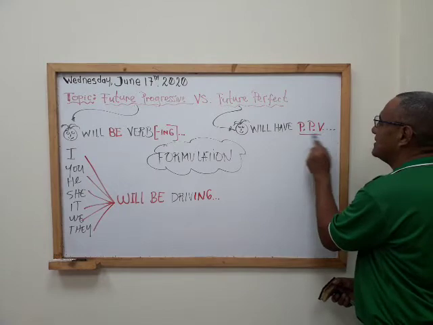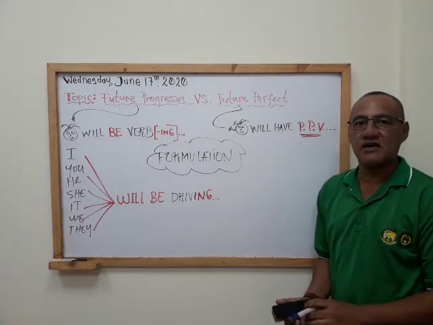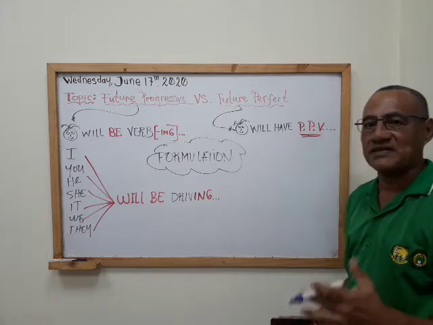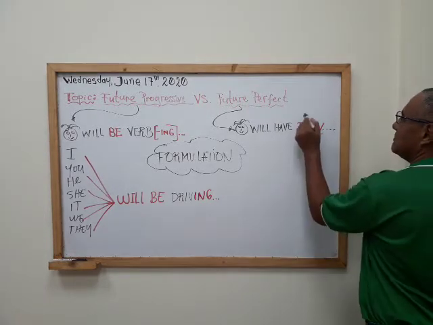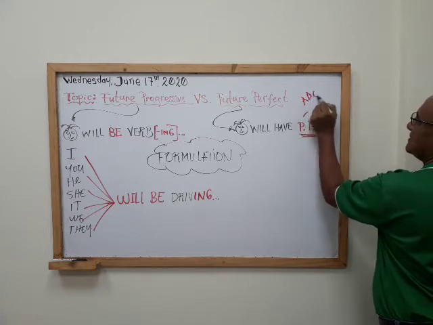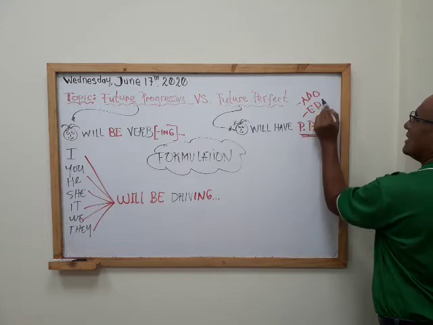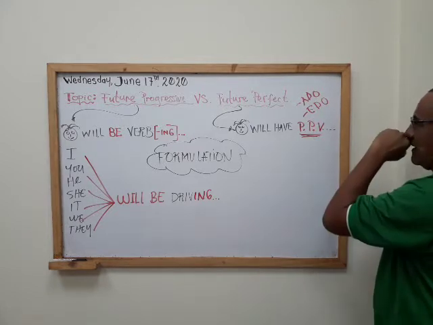Then, with future perfect, we have will have as part of the formula, but here we need the past participle of the main verb of the action. Participio pasado del verbo principal. Remember that this is the suffix ado or ido. Very good.